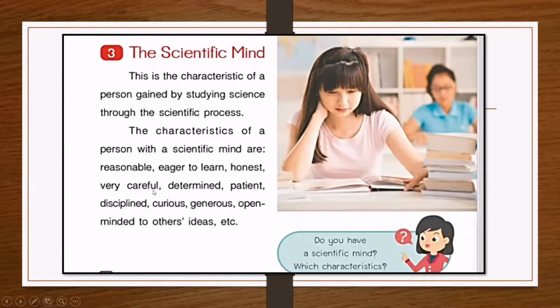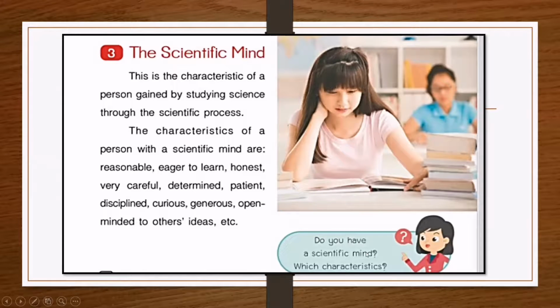Fourth, very careful. Fifth, determined. Sixth, patient. 7, disciplined. 8, curious. 9, generous. And number 10, open-minded to other ideas. Okay, so those are some examples of characteristics of a person with scientific mind.